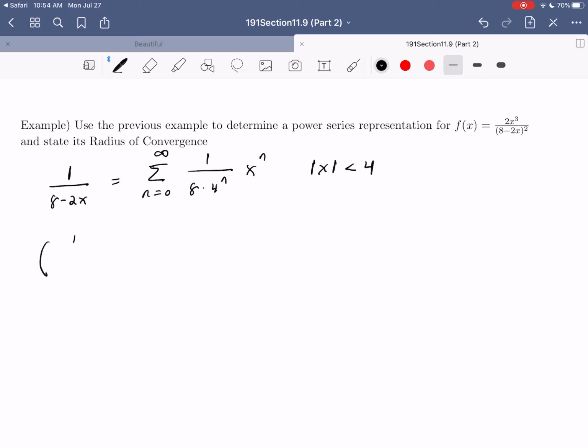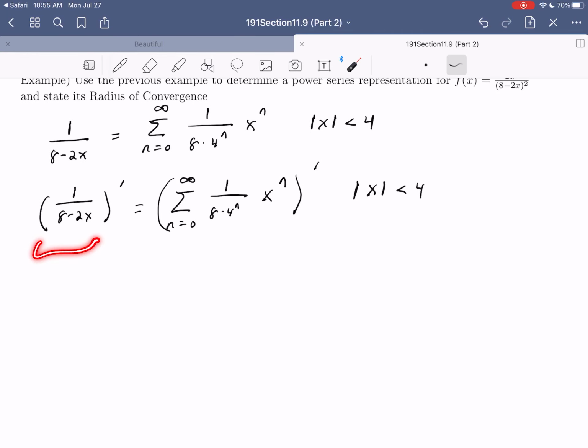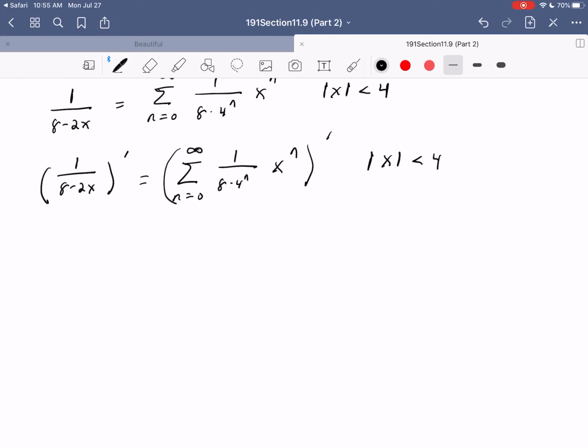So let's differentiate both sides here. And according to our theorem that we stated at the beginning, that won't have any impact on the radius of convergence. So our radius of convergence, absolute value of x, is still less than 4. All right, so let's apply this derivative on both sides. Now on this side, you could certainly use the quotient rule, but you could also keep in mind that this is 8 minus 2x to the -1.